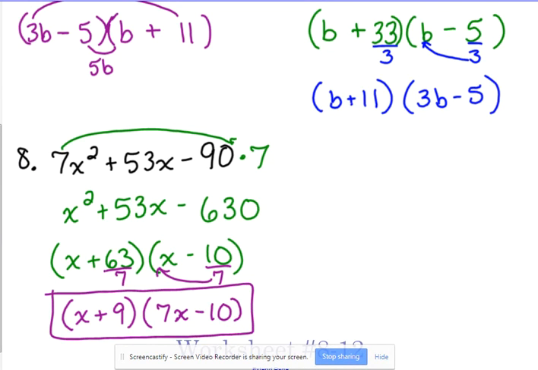I can check it. x times 7x is 7x squared. My outside gives me negative 10x. My inside gives me positive 63x. Those combine to give me positive 53x. And 9 times negative 10 is negative 90. Okay? So use whatever method works for you.